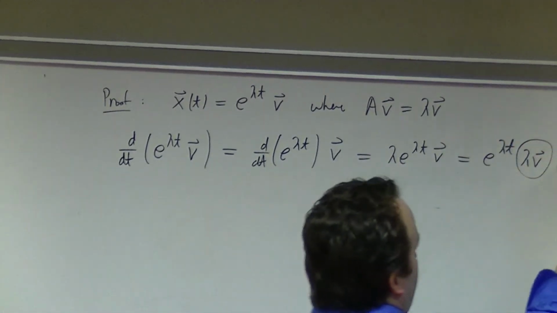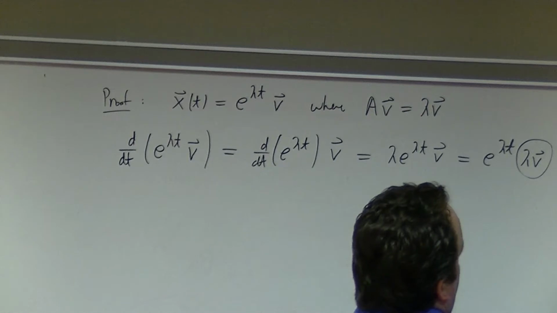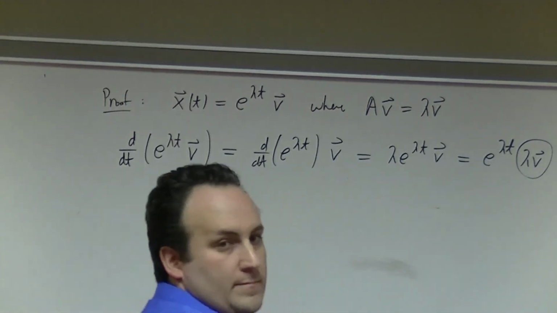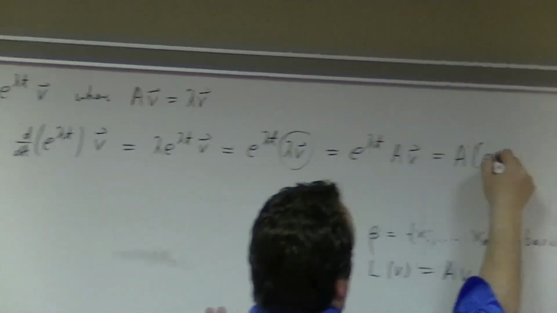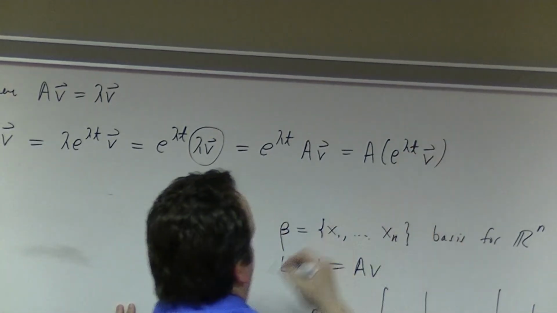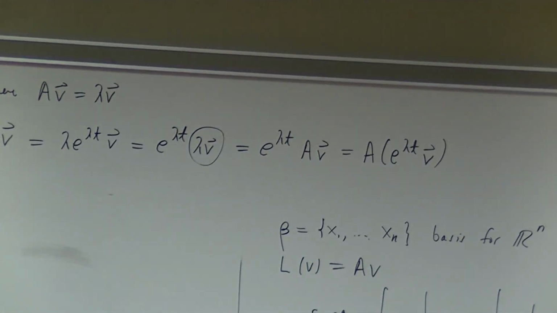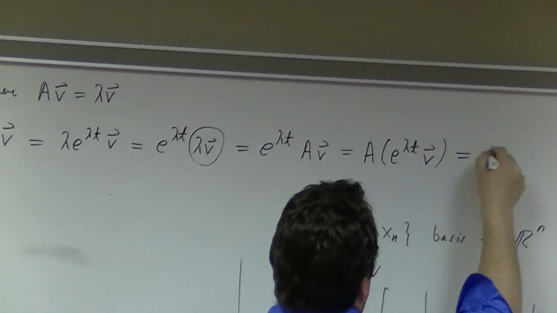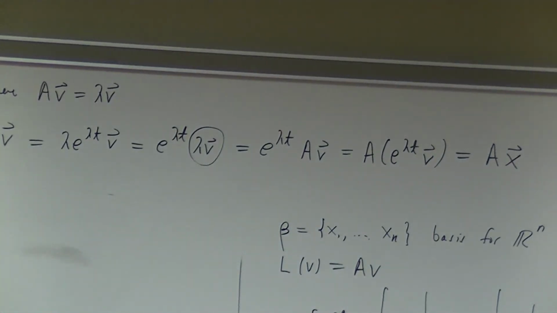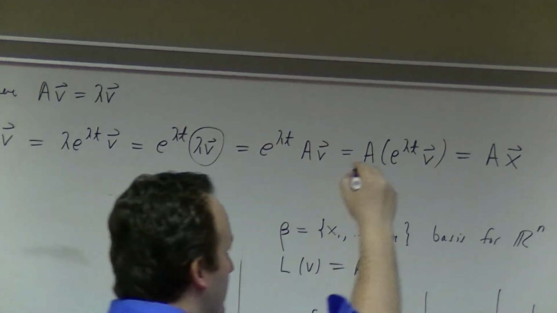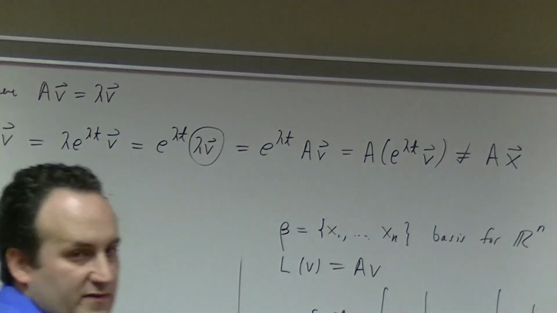It's A v, because v is an eigenvector. And then you put the e to the lambda t back where it belongs, because it's a scalar. And that, by definition, is x. So this is A times your x. And I started by differentiating x. So what I've just shown is that x so constructed solves the differential equation.